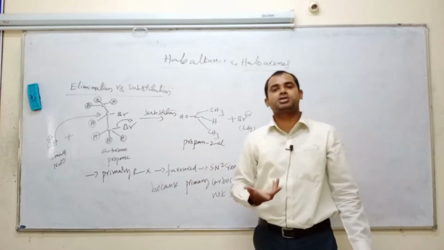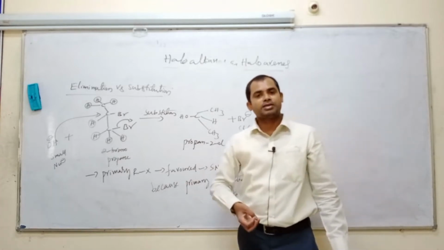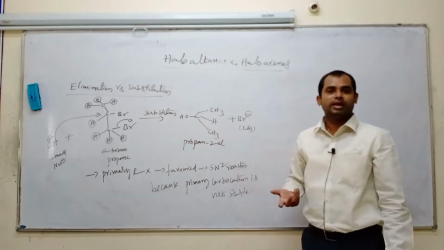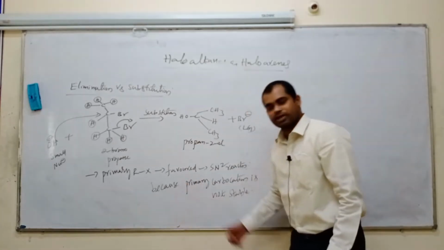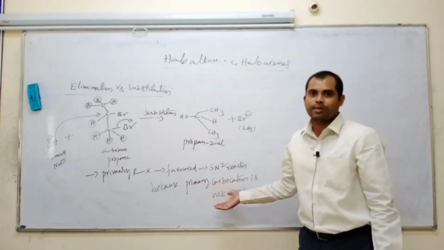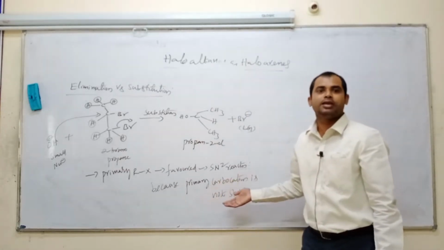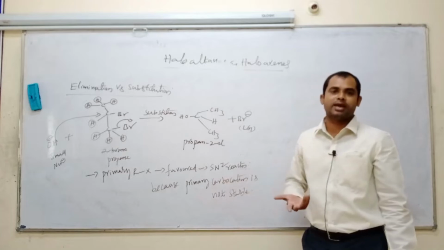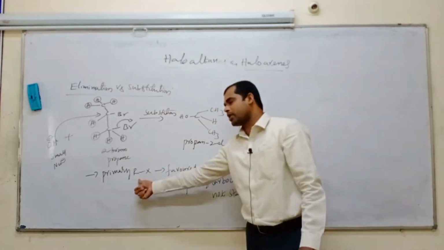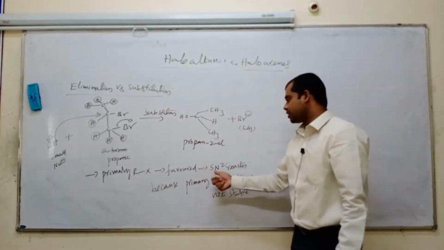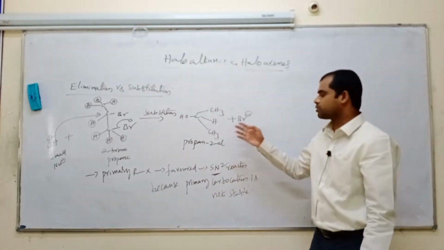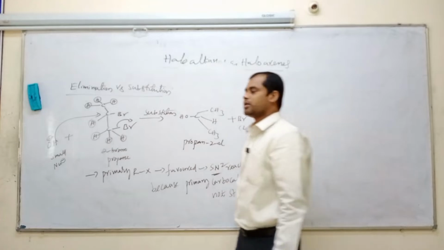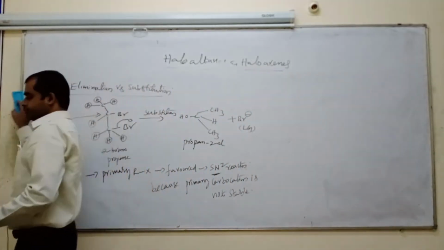Primary carbocation is not stable. You know, carbocations easily undergo rearrangement, either a methyl shift or a hydride shift. If it undergoes SN1, it compulsorily forms the carbocation, and that primary carbocation is not stabilized. That's why primary alkyl halides always favor the SN2 substitution reaction. Now the next point.